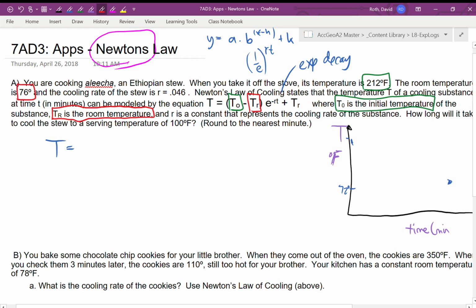Notice how I'm finding all these parts and pieces that I'll plug in. E is a constant. E to the negative R, I'll do it in pink. R is going to be pink right there. And it looks like that old room temperature comes back again. So let me just plug numbers in. Do I have time to color code them?